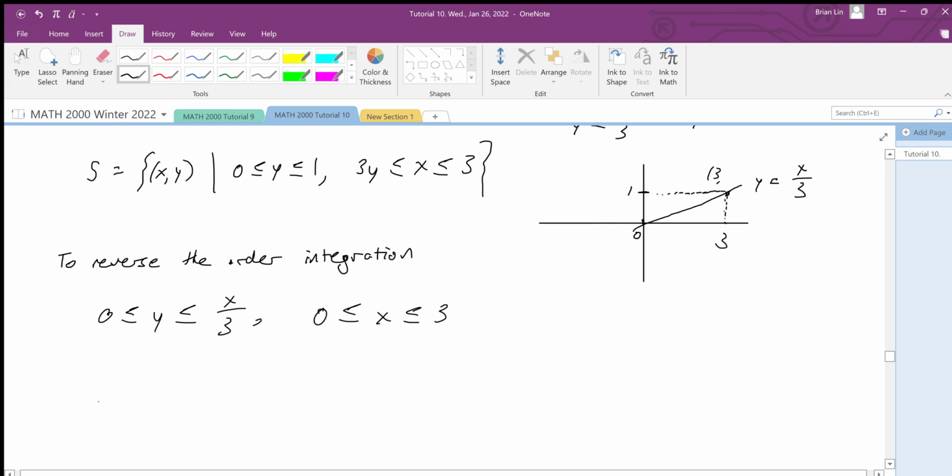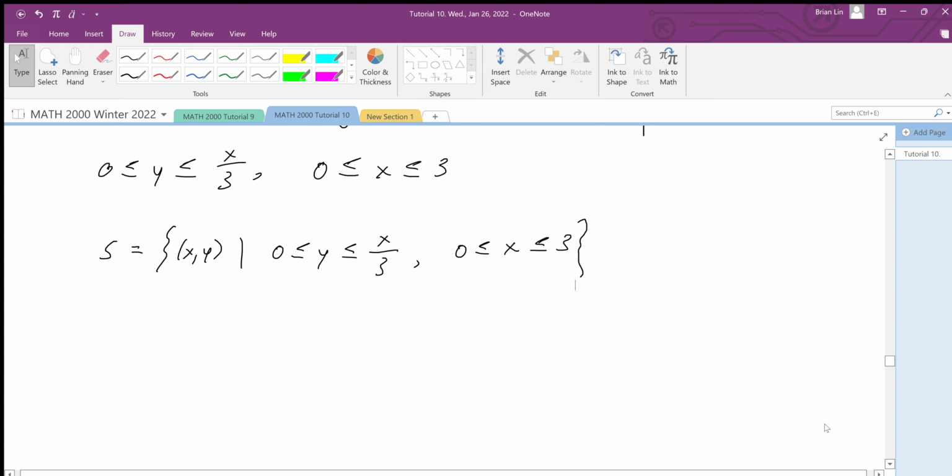So our set S is equivalent to this expression. Now that we have this alternate way of describing S, the question becomes much simpler.